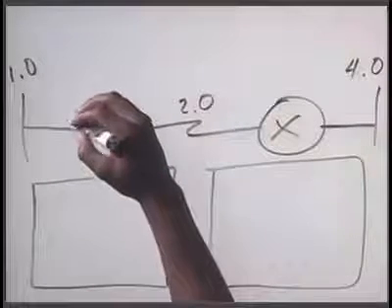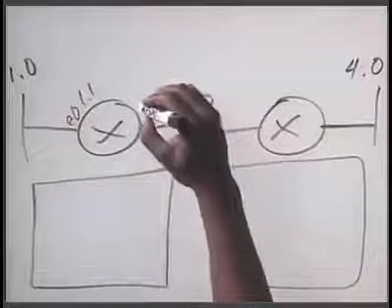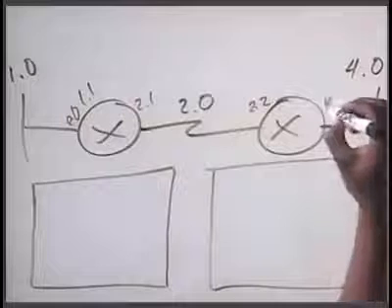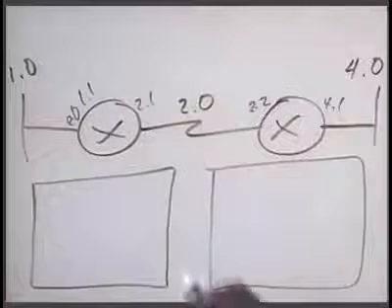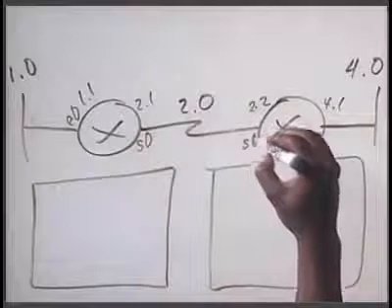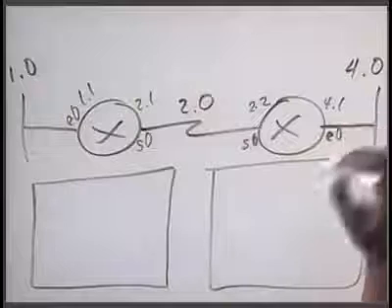This router's Ethernet interface right here is 1.1, 2.1, 2.2, and 4.1 respectively. This is a serial interface on router B, and then of course an Ethernet interface on this router.